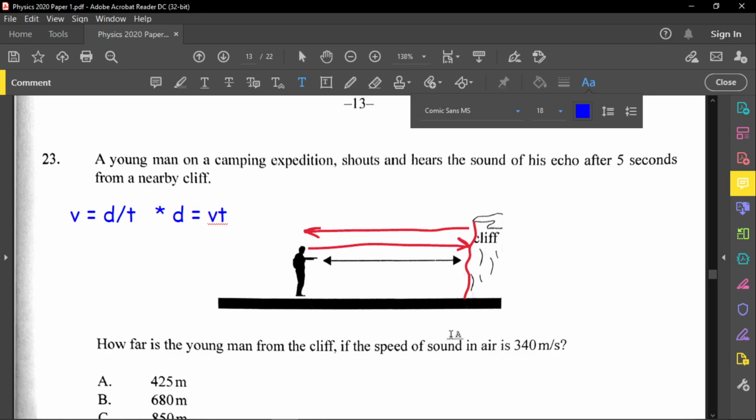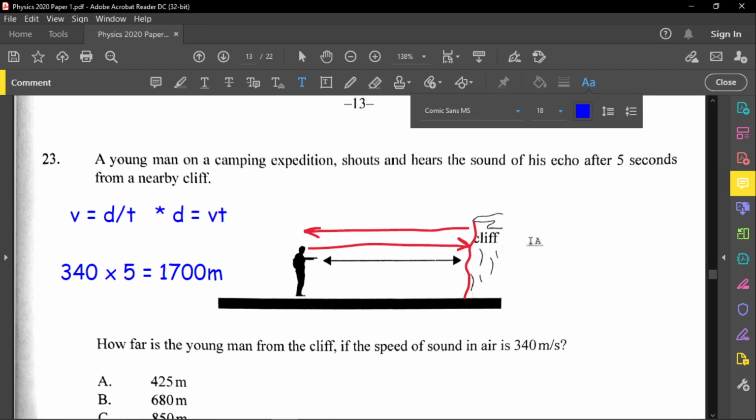The distance here will be the speed, 340 meters per second, multiplied by 5, which gives us 1,700 meters. That's the entire distance to the cliff and back. That's the time it took to hear the echo.